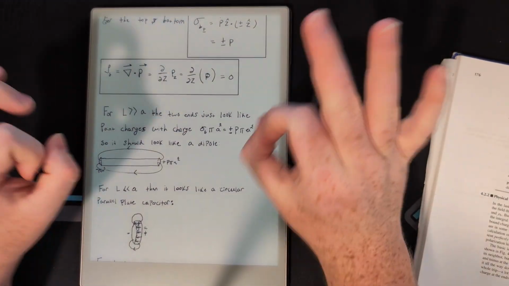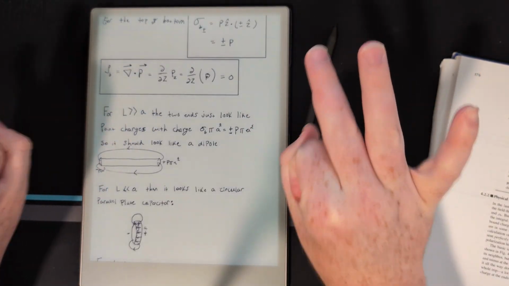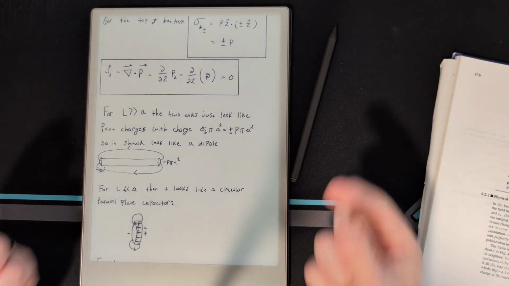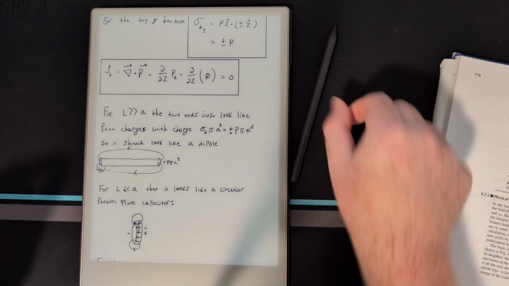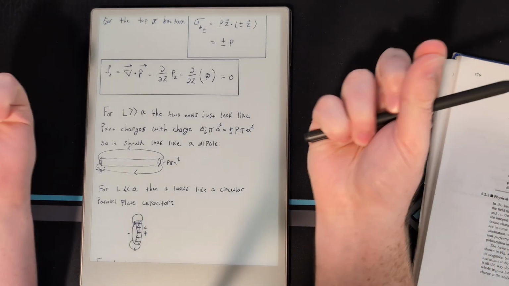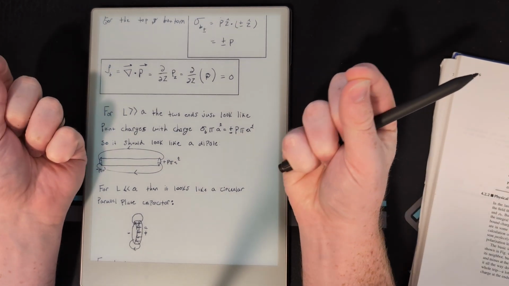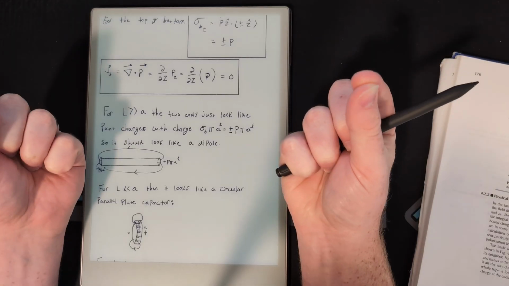So that means that the ends of the cylinder, if the radius of the cylinder is super small compared to the length, the ends of the cylinder kind of just look like a point, right? It almost looks like a long wire with 2 charges at the end of the cylinder. Well, what does that look like? That's really just a dipole, isn't it?